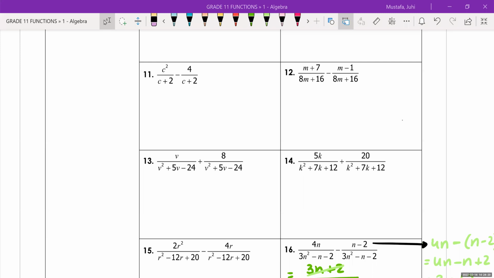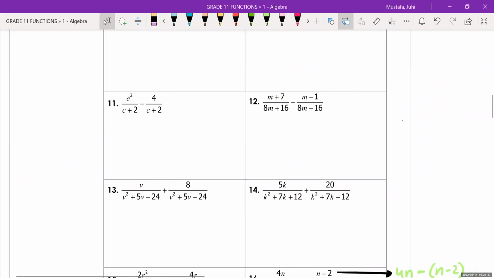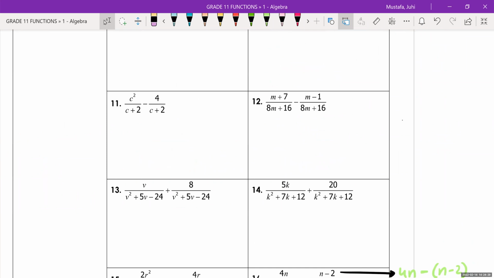Okay, so for question 12, the reason why I chose this particular one is because look at this. Do you see how you have m plus 7 minus m minus 1? In order for you to do this question correctly, what you have to remember to do is keep the m minus 1 in brackets.